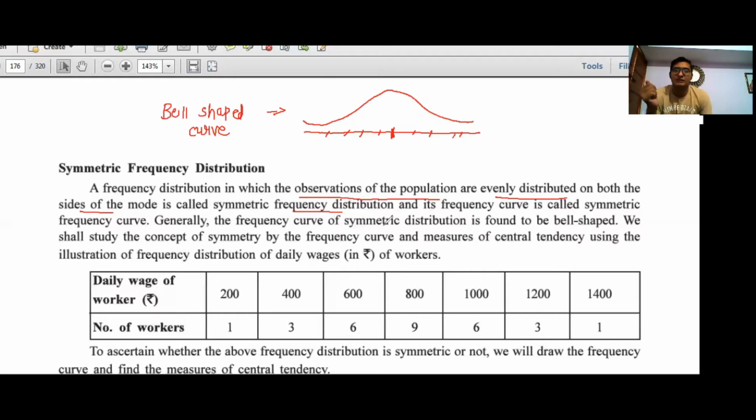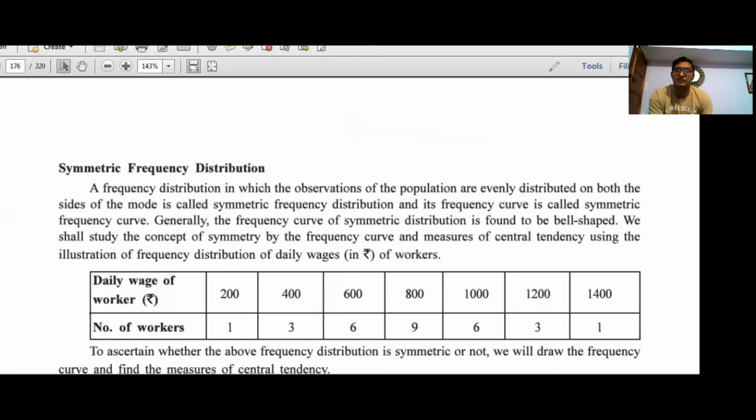Generally the frequency curve of a symmetric distribution is found to be bell shaped, that you can see. Got it? So this is called a symmetric frequency distribution.